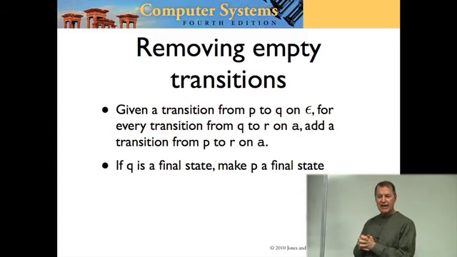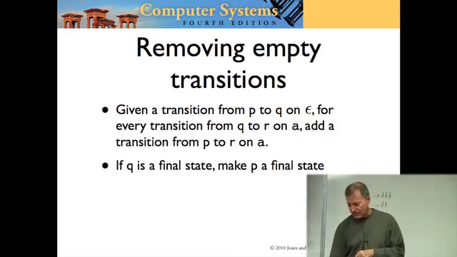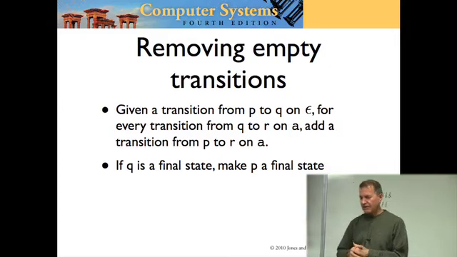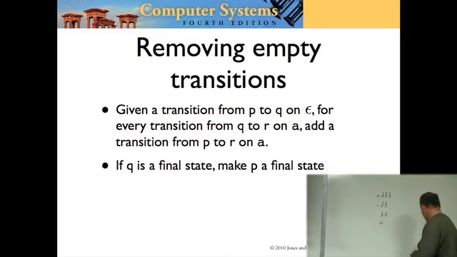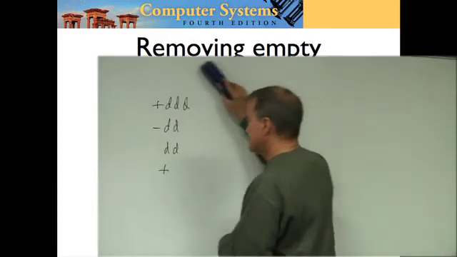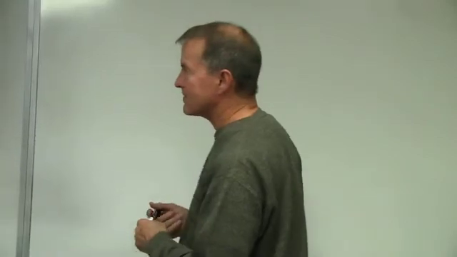Any machine that has empty transitions in it can be transformed to an equivalent machine with the empty transitions removed. I don't know if you have learned how to do this yet in automata theory. So this is a little bit of review for those of you who have done this before. Now think about this.